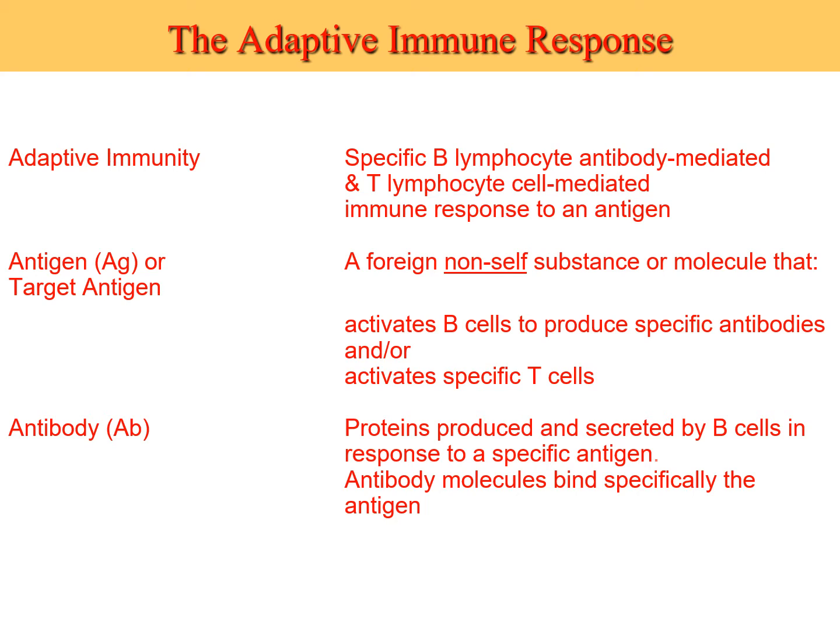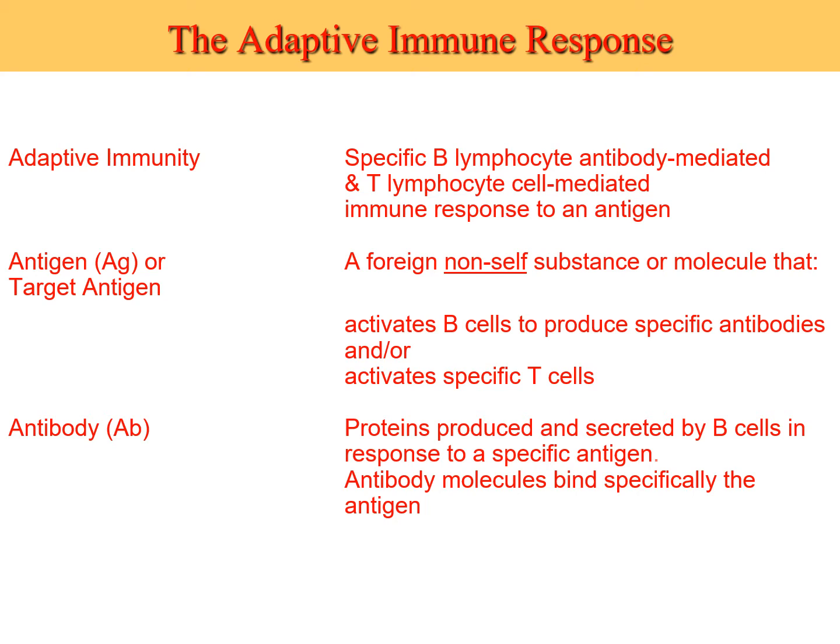That may not seem like much if you only have a small number, but after 10 days roughly, you have a very large number of cells, all identical, and they all have the right receptor for the thing that got into you.